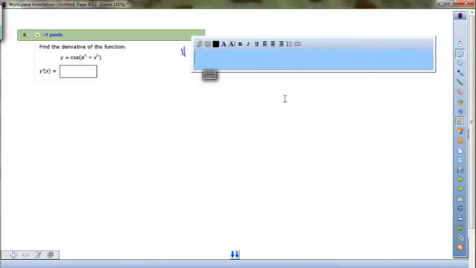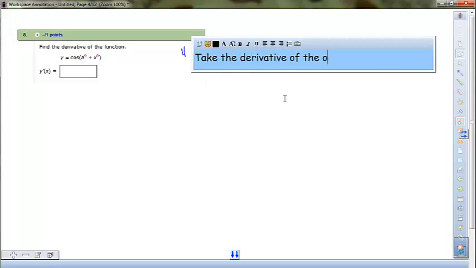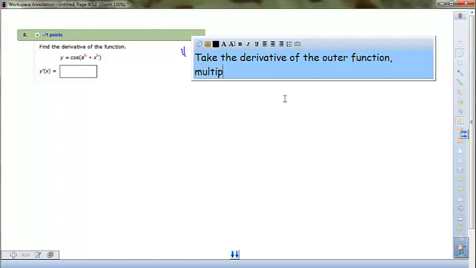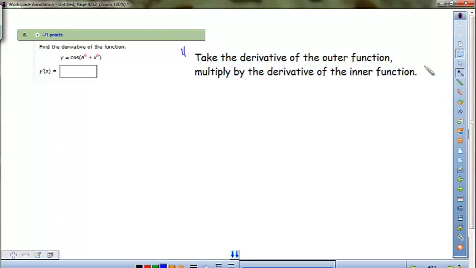First, we'll take the derivative, and then multiply by the derivative of the inner function. Now, thinking about it this way, you just have to be careful to keep your eye on the original problem.